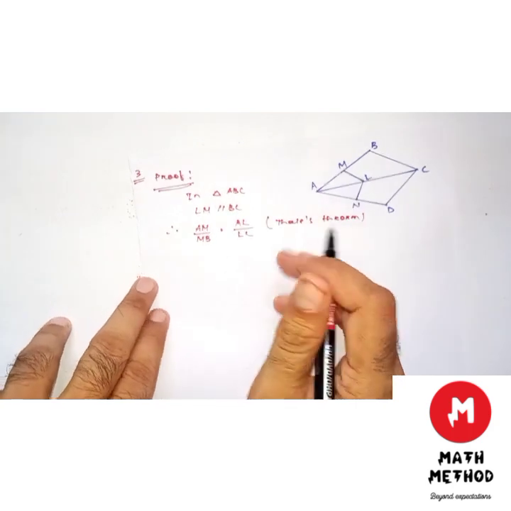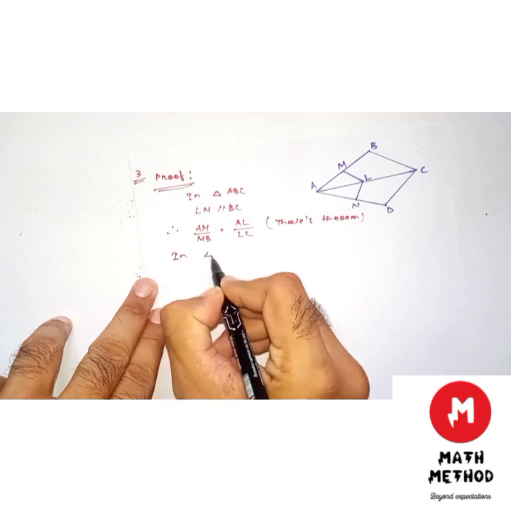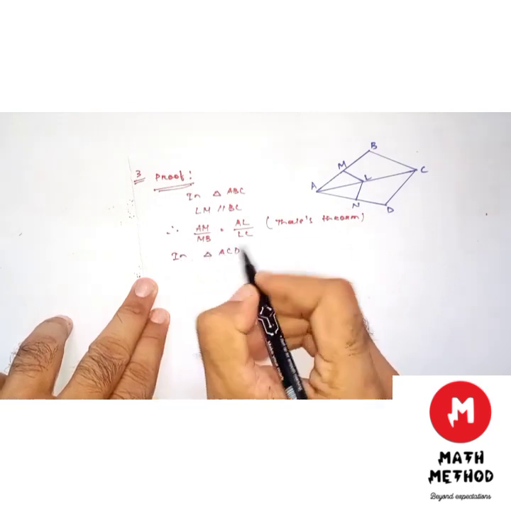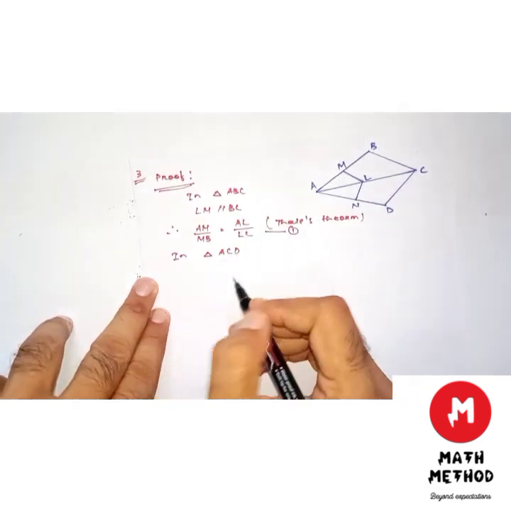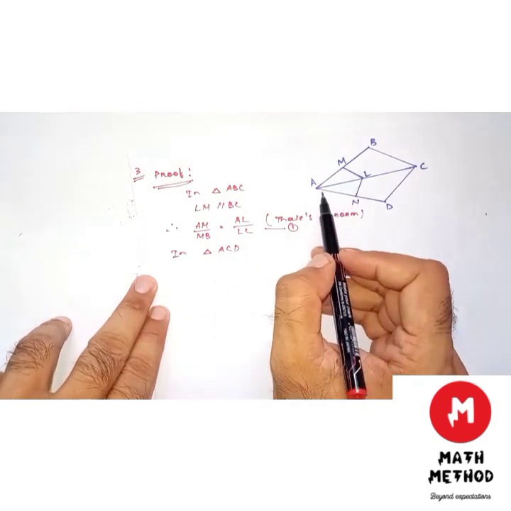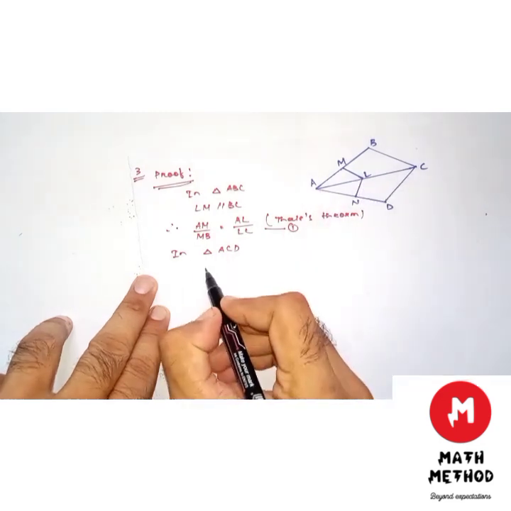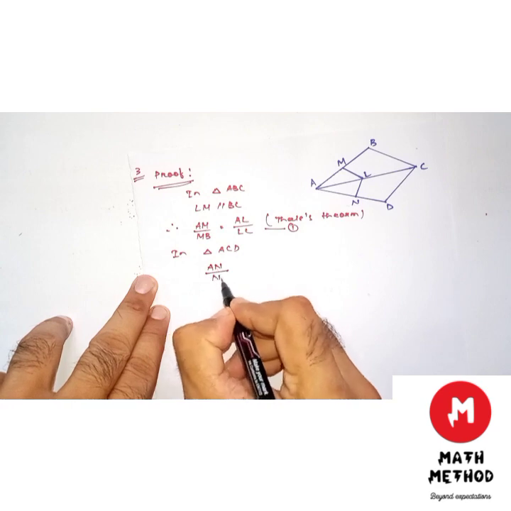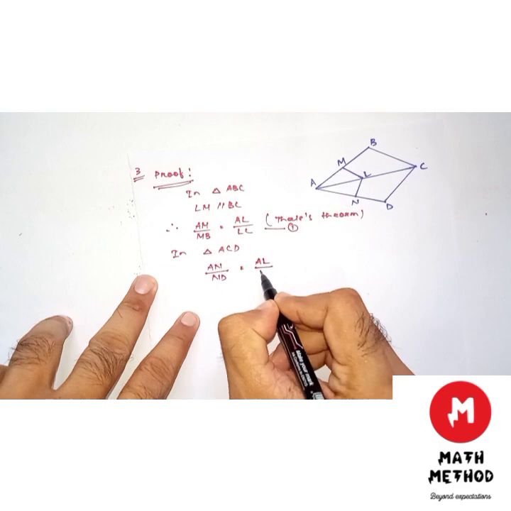So again another triangle, that is triangle ACD. Write it as equation number 1. In triangle ACD, again write AN upon ND is equal to AL upon LC.